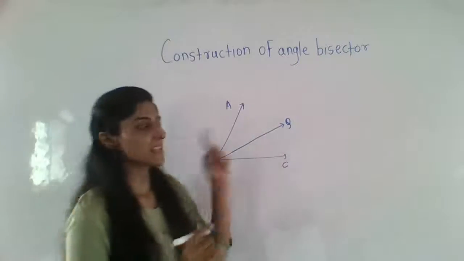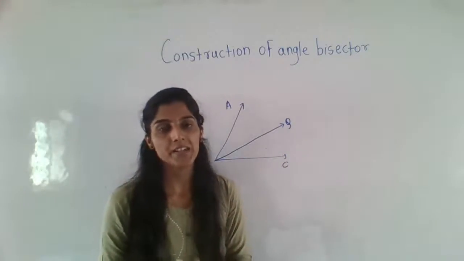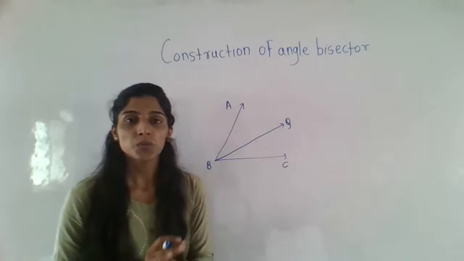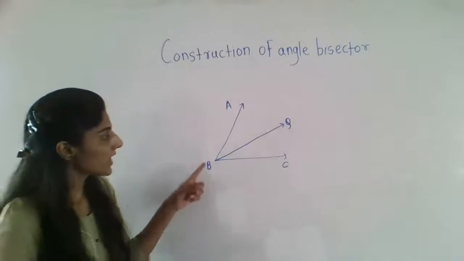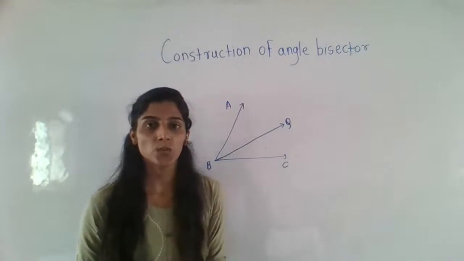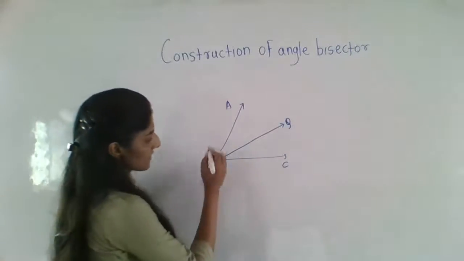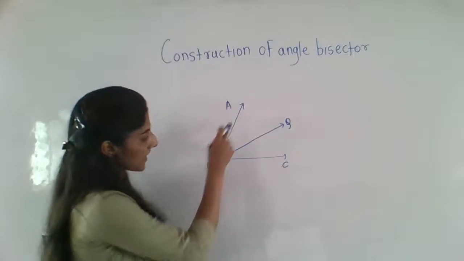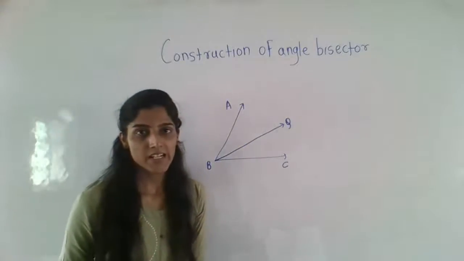Now bisector means the ray which divides the given angle into equal parts. Means we can say that our angle ABC is of measure 60 degrees.